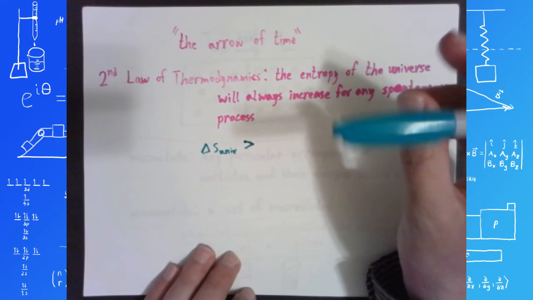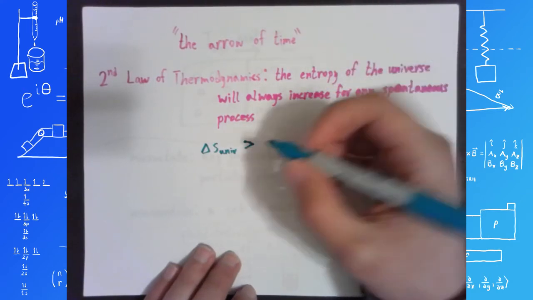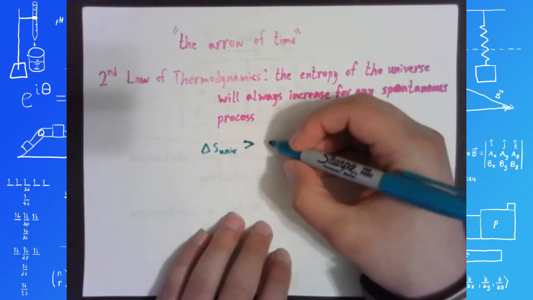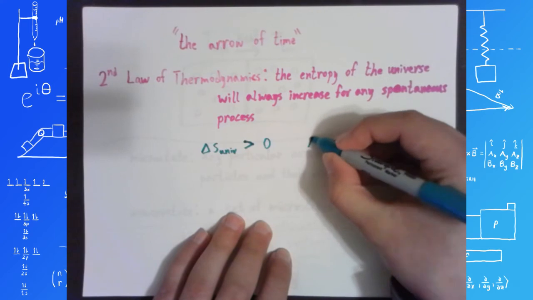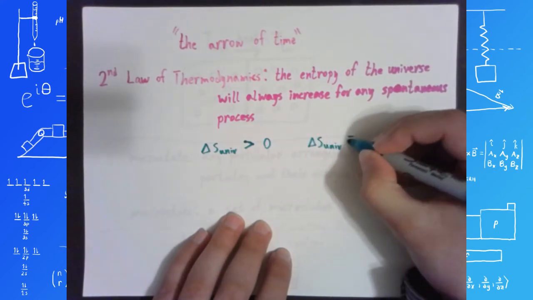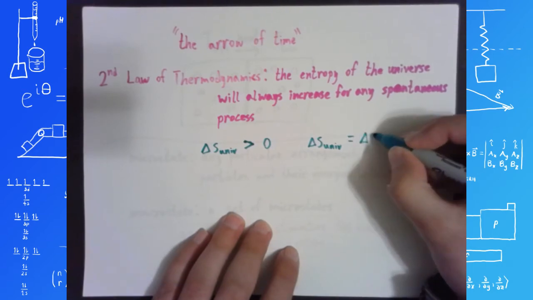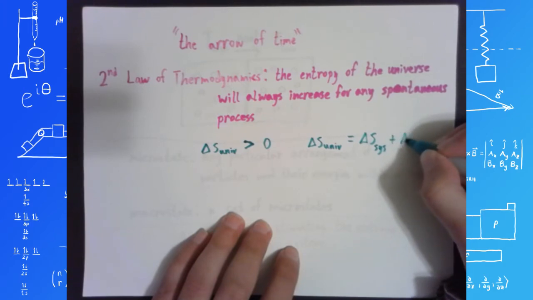We won't talk about what reversible processes are because that's more of a physics thing. So I guess for chemistry purposes, delta S universe is greater than 0. And delta S universe, by the way, equals delta S of your system plus delta S of your surroundings.